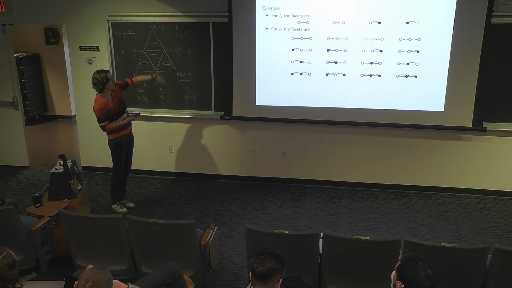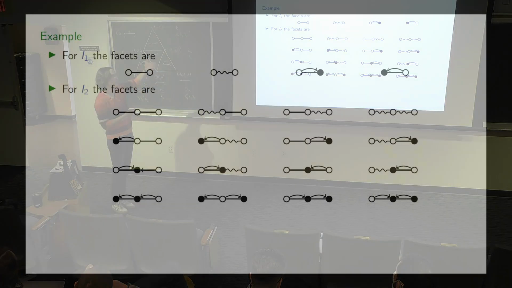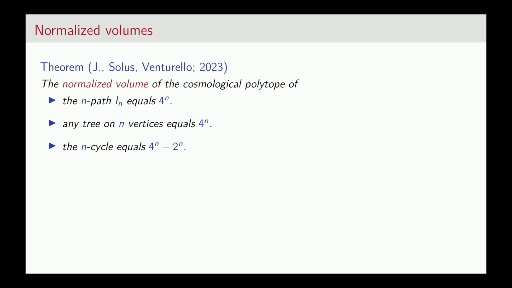So the number of facets in this triangulation gives us the normalized volume. So then you have 4, you have 16, then you will have 64. So it's not hard to guess that the normalized volume of a path with n edges is 4 to the n. And the same is true if you take any tree on n edges, not n vertices. Should be n edges, sorry.